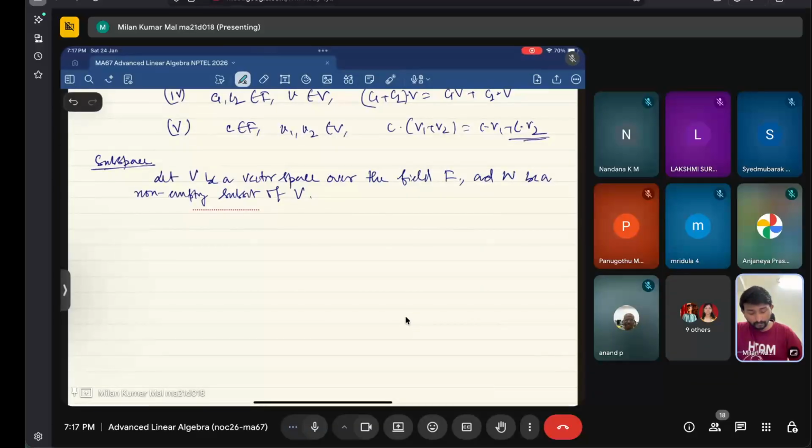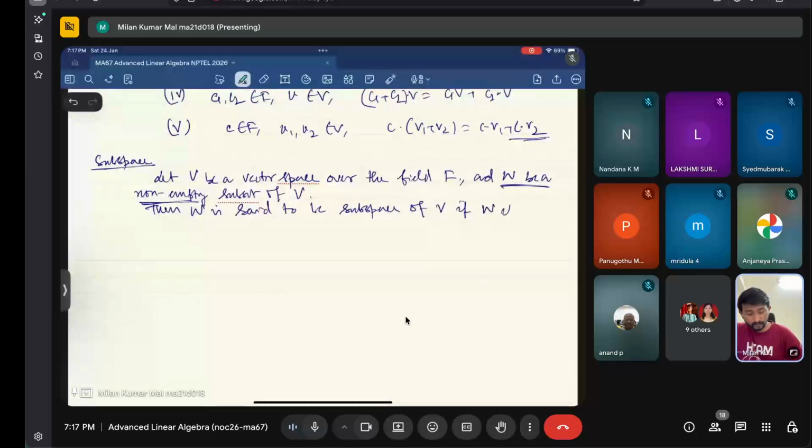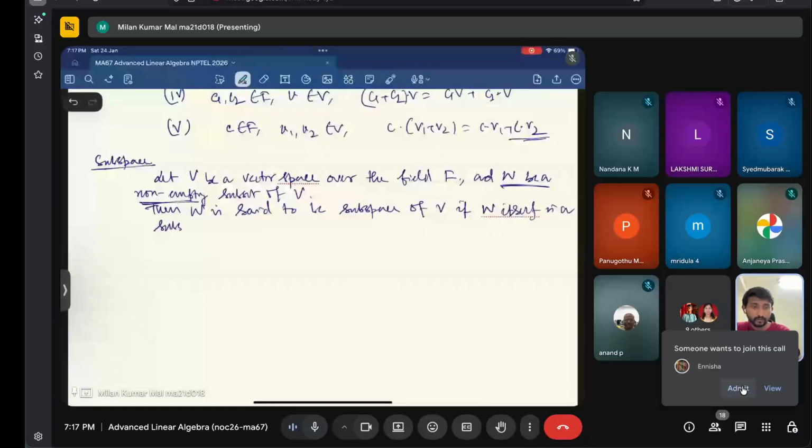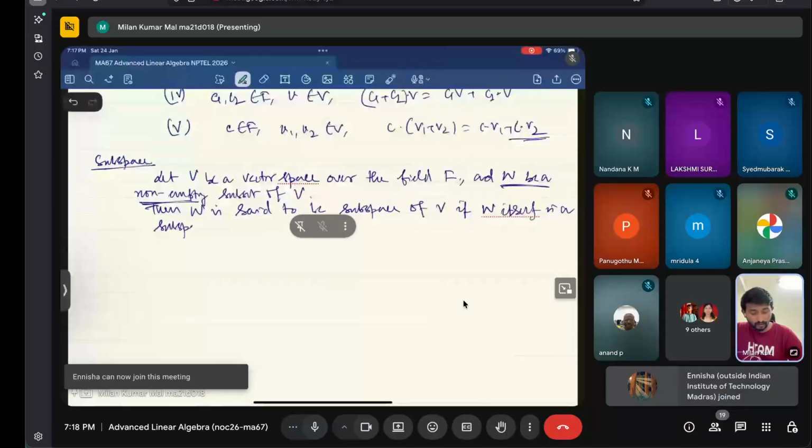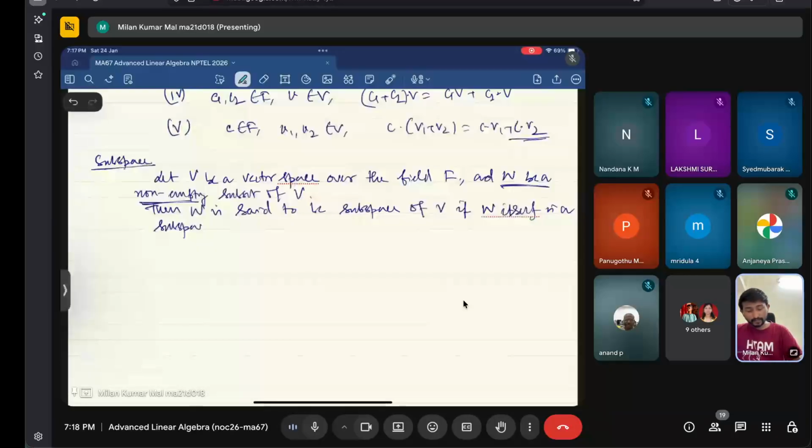W is said to be a subspace of V, which has to be non-empty first of all, if W itself is a vector space over F. But this is equivalent to another fact.